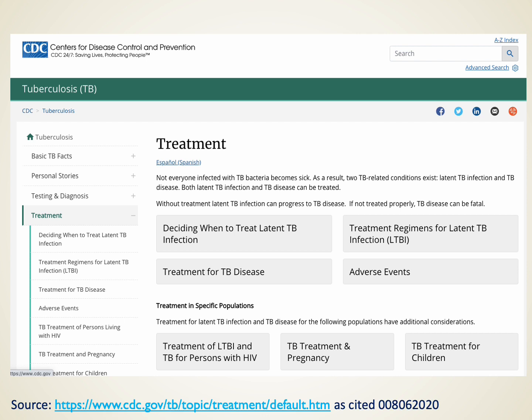Tuberculosis is a problem in the United States. It is a greater problem worldwide. And so a lot of what we see for management of tuberculosis comes from recommendations from the World Health Organization and or in conjunction with those from the Center for Disease Control in Atlanta, Georgia.